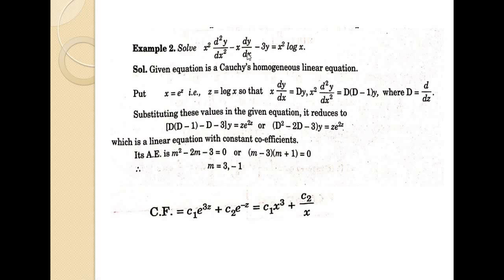But this is not a constant coefficient equation, because the coefficients of dy by dx and d square y by dx square are not constant. So it's a variable coefficient equation, and specifically it takes the form of a Cauchy's homogeneous linear equation. That is, x square into d square y by dx square minus x into dy by dx minus 3y equal to x square log x. So it is a Cauchy's homogeneous linear equation.